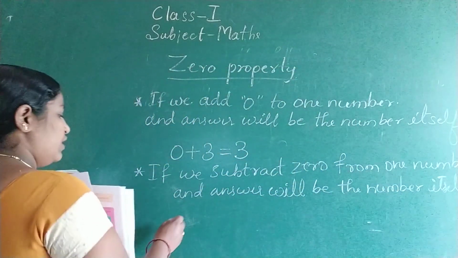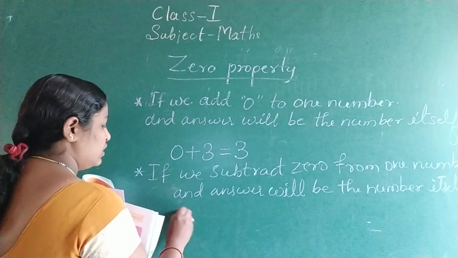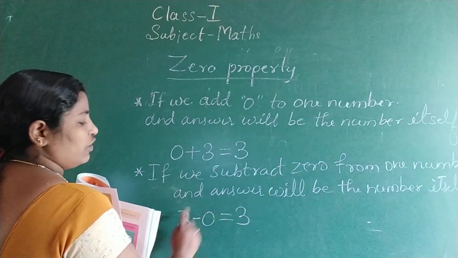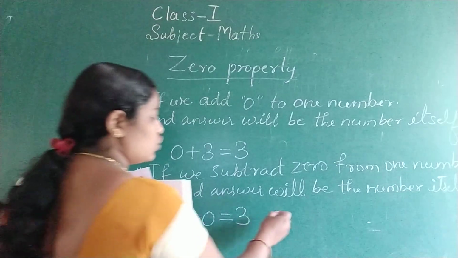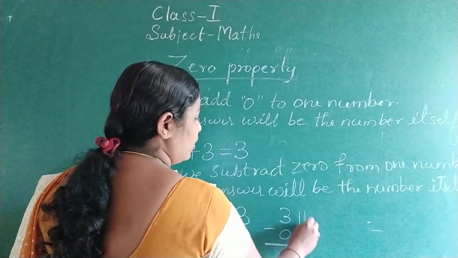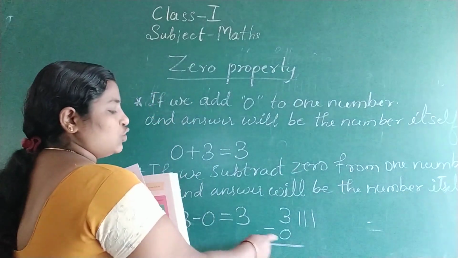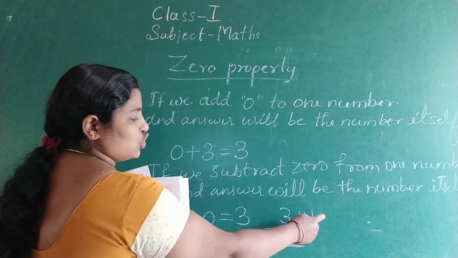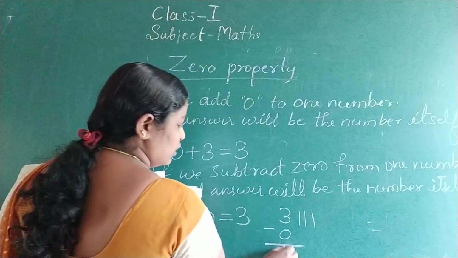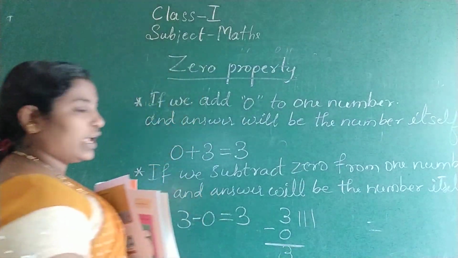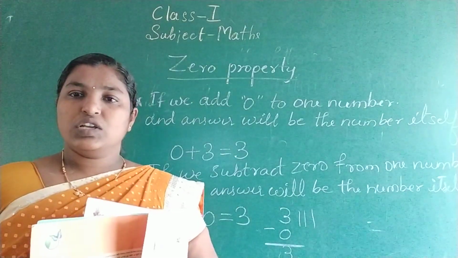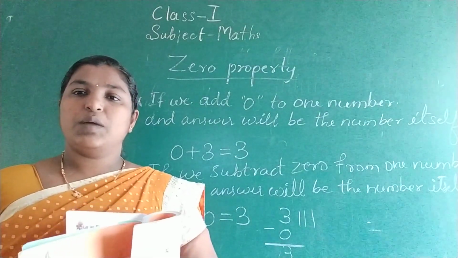If we subtract 3 minus 0, the answer will again be 3. I'll show you 3 minus 0. 1, 2, 3 lines. We should subtract 0, and 0 means nothing, so we should not cross out any lines. So the answer will be 3 again. This is the 0 property of subtraction.